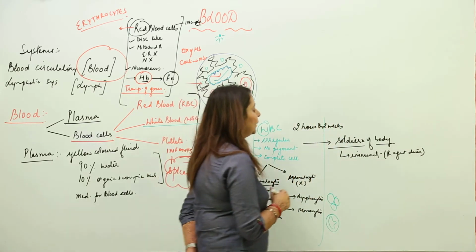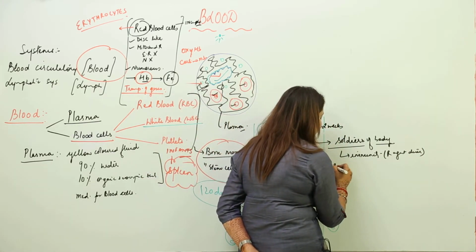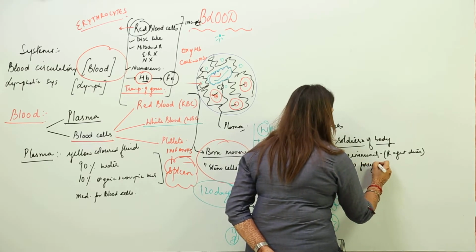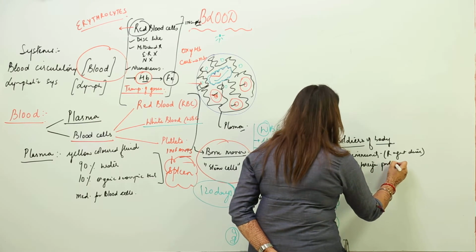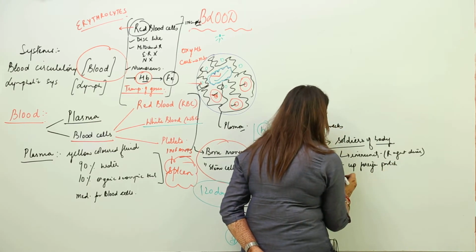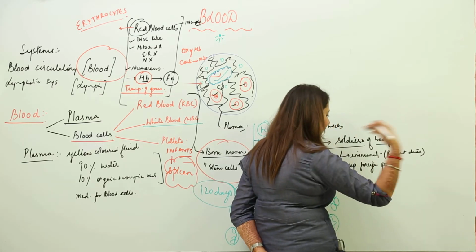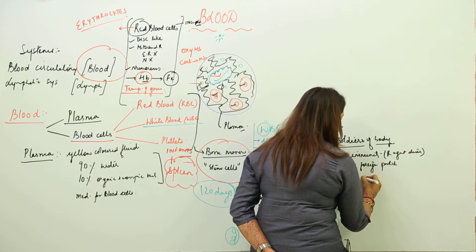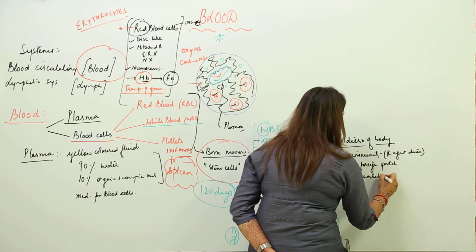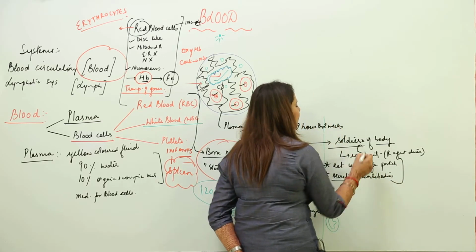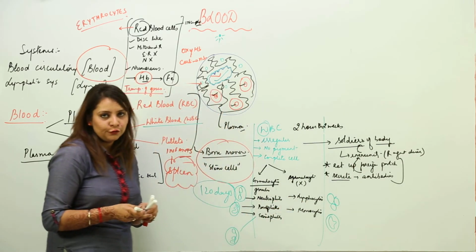Now how does it protect us? Either it eats up the foreign particles which are infection causing, or it secretes certain substances which kill those foreign particles, and those substances are called antibodies. So in both ways it is providing immunity. That means it is acting as a soldier of the body.